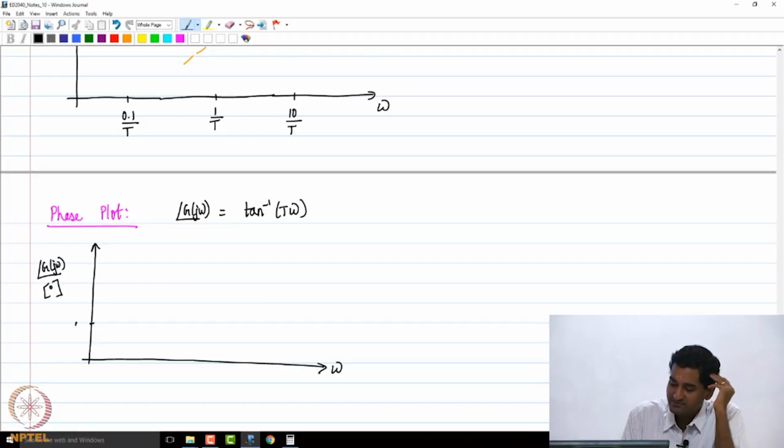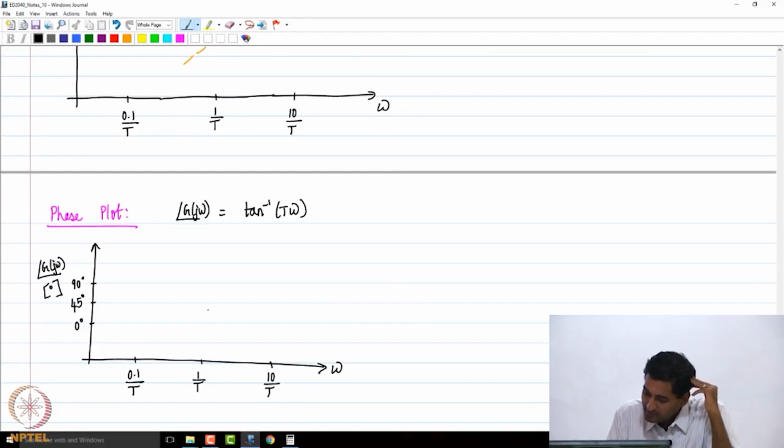So, essentially if this is my 0 degrees and this is my 90 degrees and this is 45. So, what is going to happen is that at 1 by capital T and let us say 10 by capital T and 0.1 by capital T, 1 by capital T the value is 45, right.